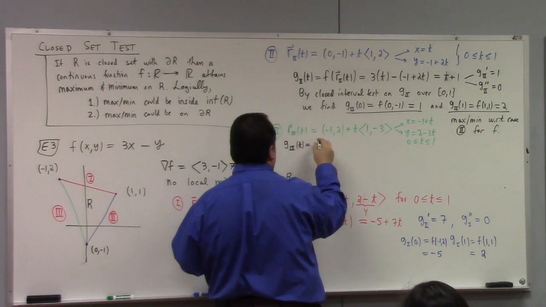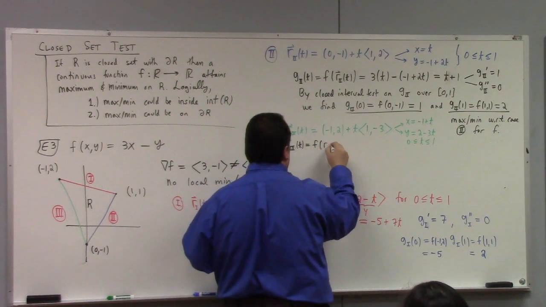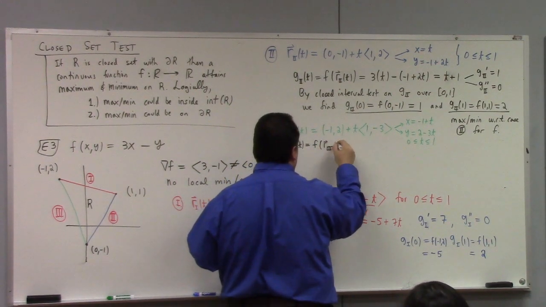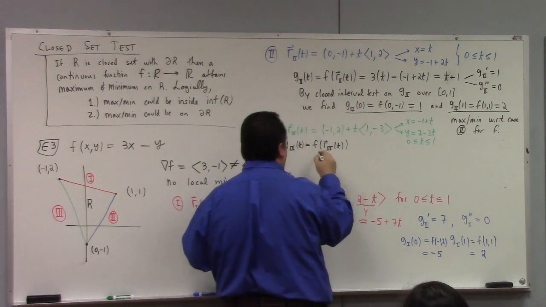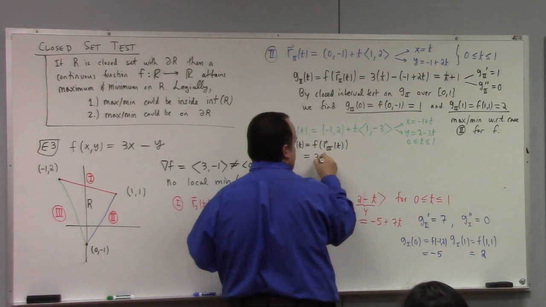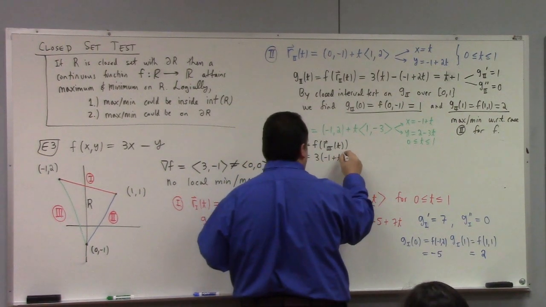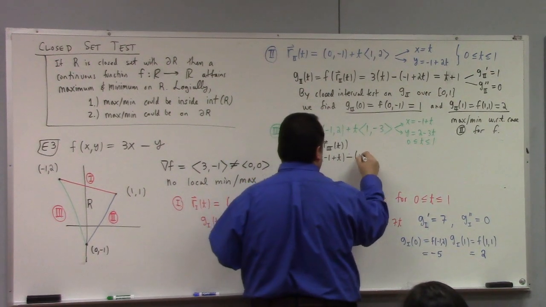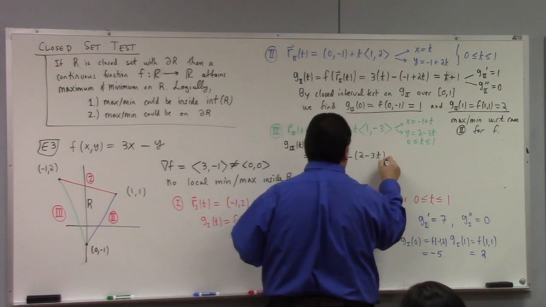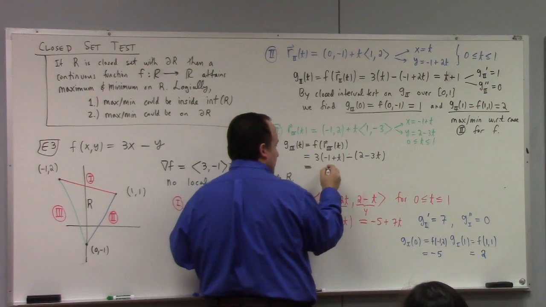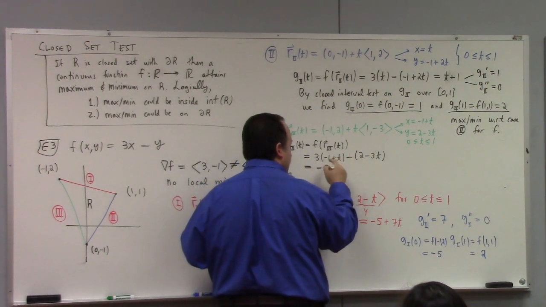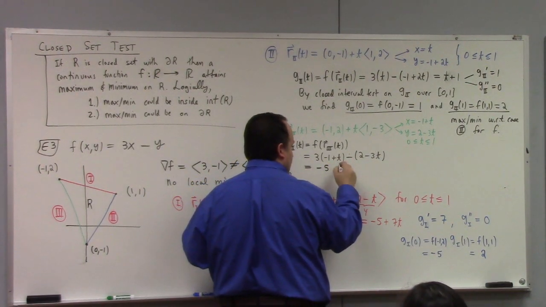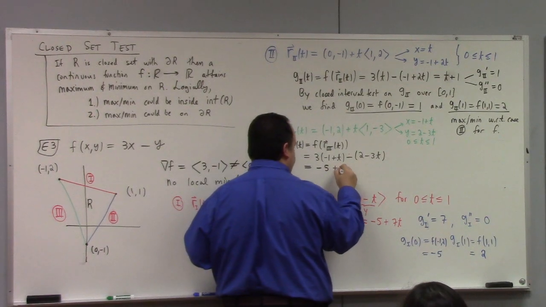Now, up next we calculate G3. g3 of t, which will be f of r3 of t. So we're just restricting the function to the line segment. And that's going to be straight up 3 times minus 1 plus t minus parentheses 2 minus 3t, which is going to give me a minus 5 plus 3t, I think plus 6t, I believe.